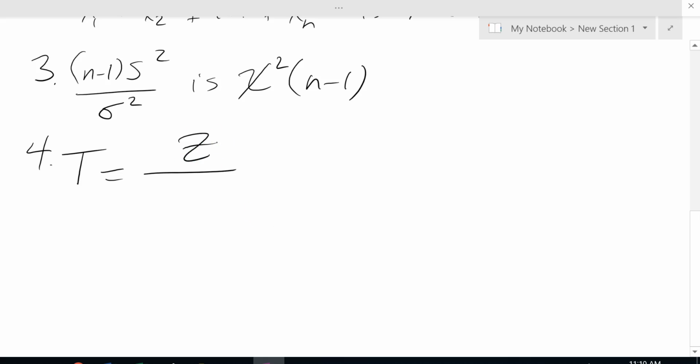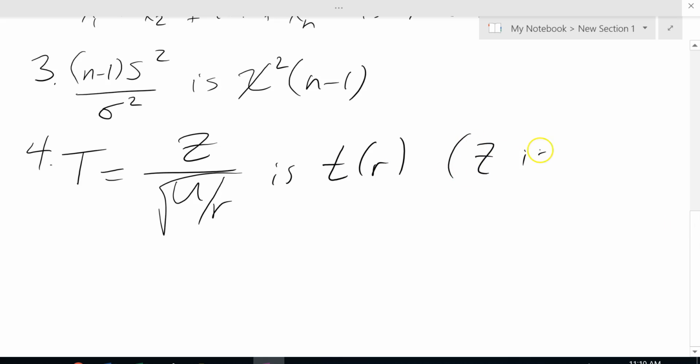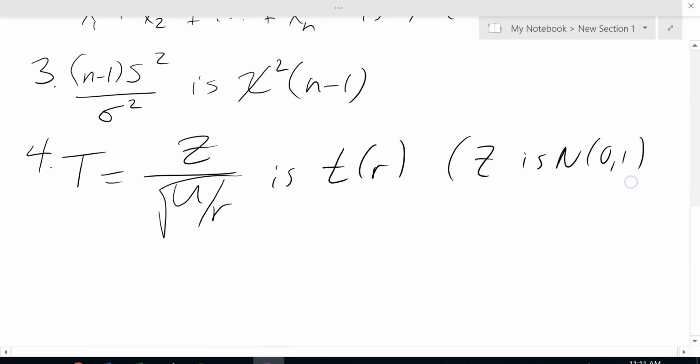And on bottom, it's a chi-squared with r degrees of freedom, and I have to take the square root of that. So your Z is normal 0, 1, and U is chi-square with r degrees of freedom.